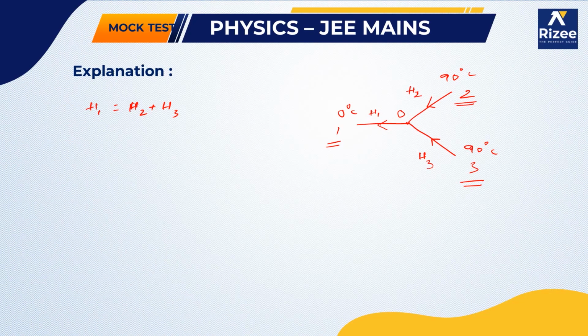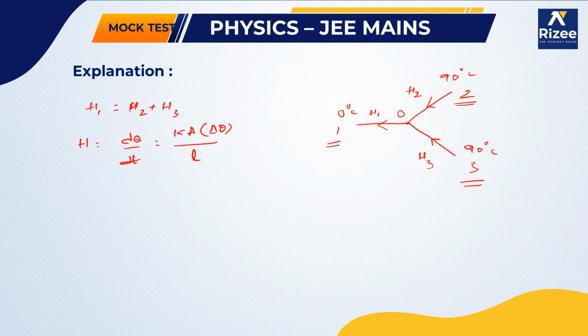According to thermal conductivity, the rate of heat flow H equals dQ by dt equals K A times the temperature difference delta theta divided by the length. Since in the question the material is the same, the area of cross section is the same, and the length is also the same.